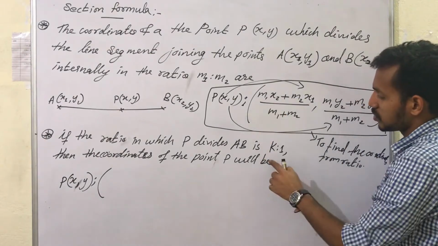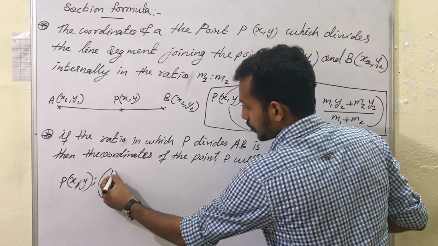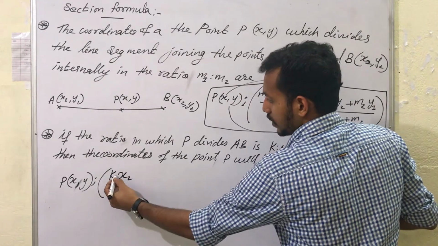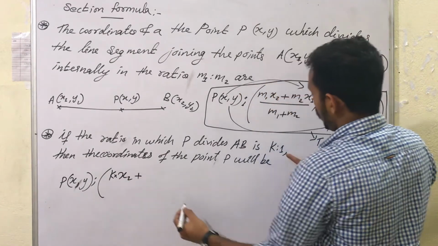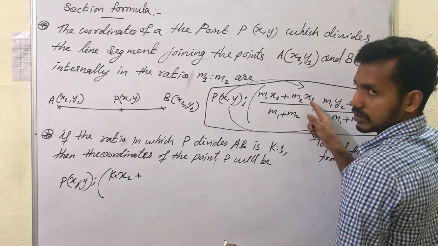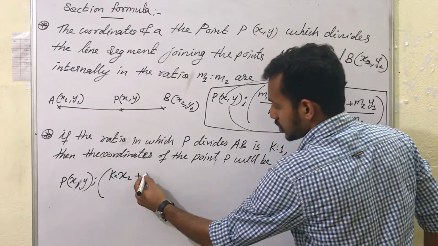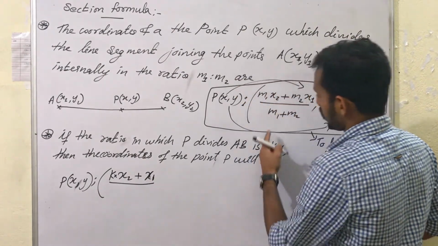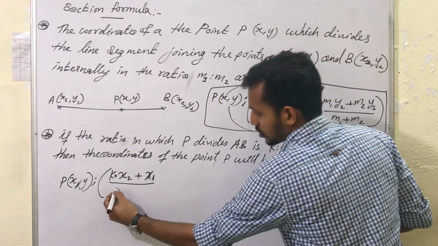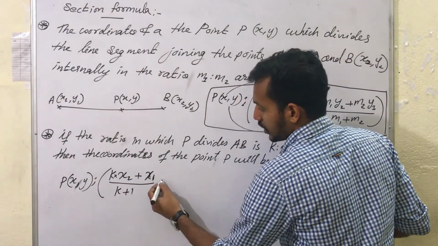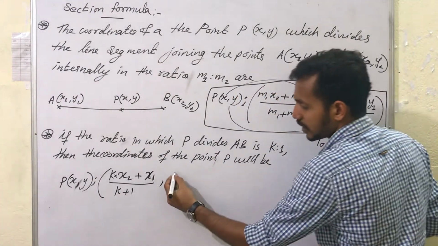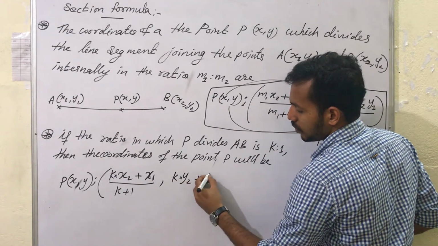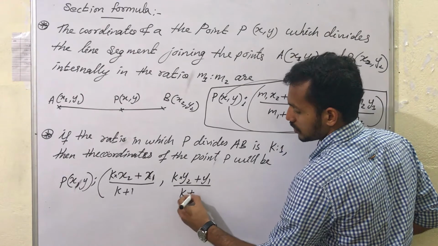So the x coordinate will be (k into x2 plus 1 into x1) divided by (k plus 1), comma, the y coordinate similarly will be (k into y2 plus y1) divided by (k plus 1).